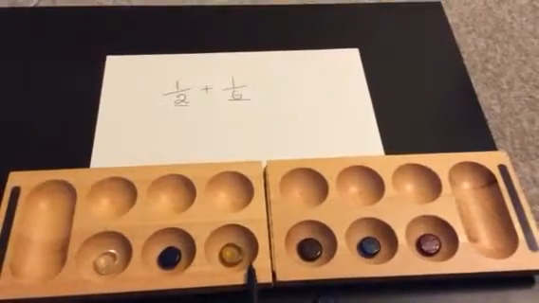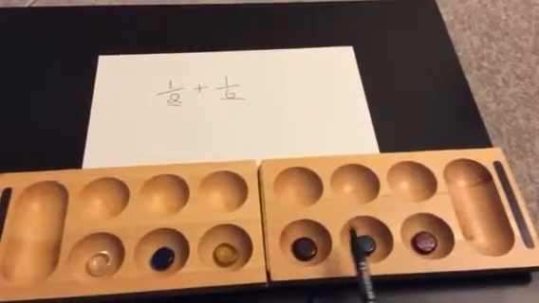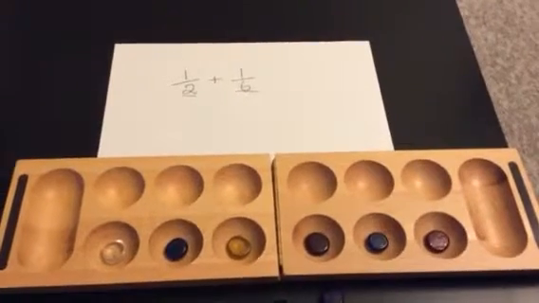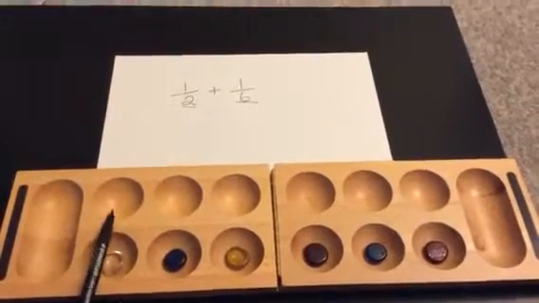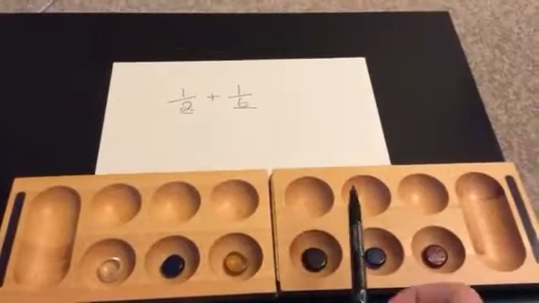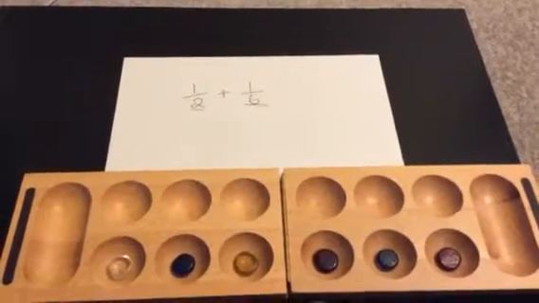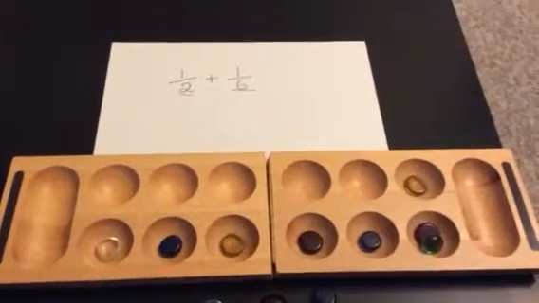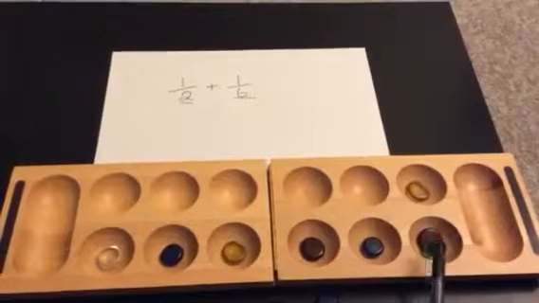So all of my side has marbles and the poor opponent has none. So now we have a half, and we want to add on 1/6. So if we look carefully at our Mancala board, we can see it's actually comprised of 6 columns: 1, 2, 3, 4, 5, and 6. So if we want to add on 1/6, we've got to fill in our column. Just like we said, we do not want 2 stones in the one little pot.